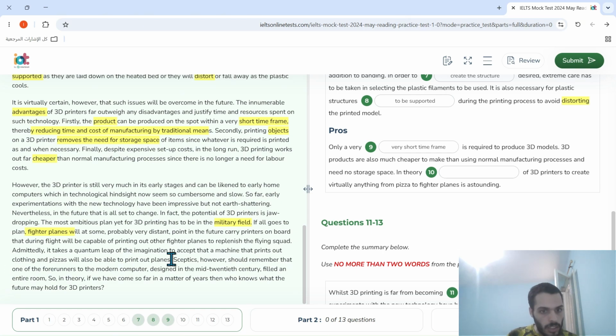It takes into account a machine that prints clothing, and pizzas will be printed out with this. So in theory, the age of 3D printers, to create virtually anything from pizza to fighter planes, is astounding.